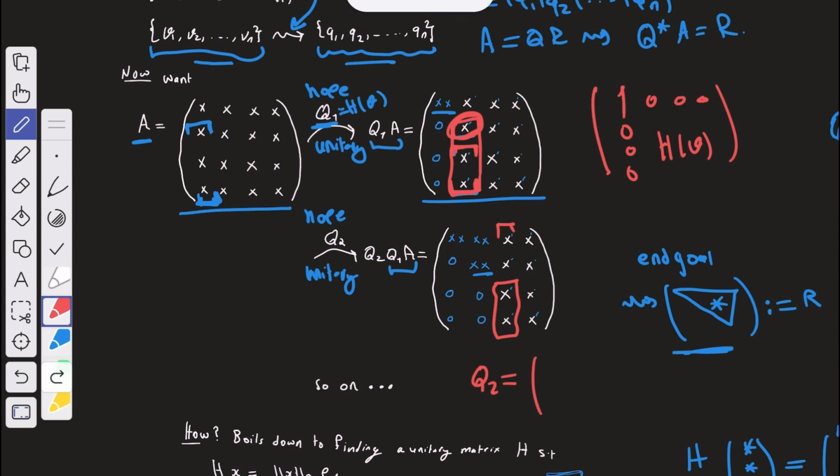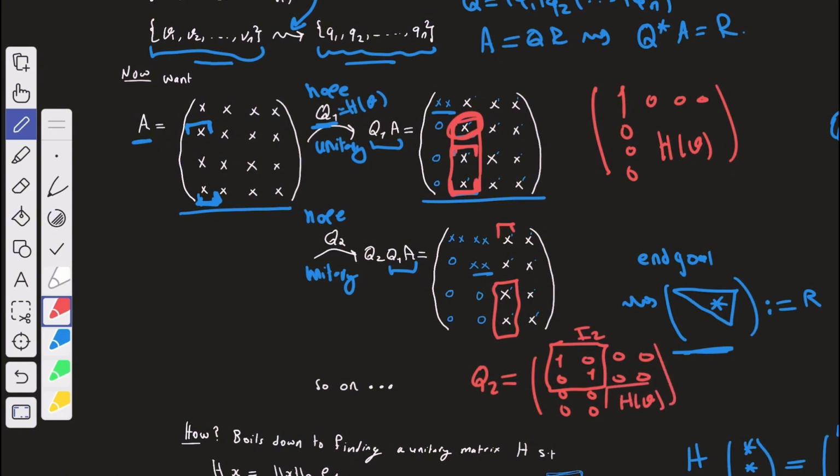We define it to be the identity I2, as if we're taking 1 0 0 0, 0 1 0 0. We take an identity here, this is identity 2, and we fill out these with zeros, and in this block we use H of v.